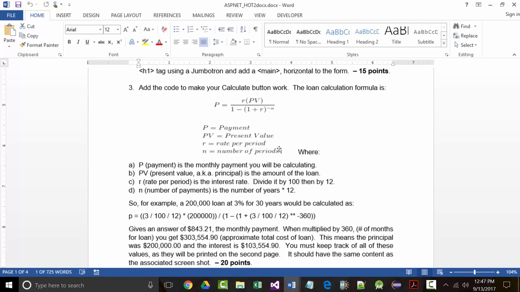All right? But what I want you to understand is, so this is the total cost. And if I subtract from that the $200,000, which is my principal, then I get 103,555.60. This is the interest paid.